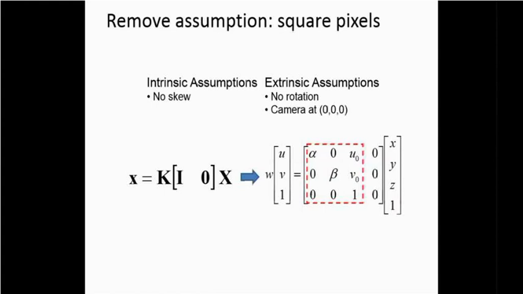Or you might think of this as a focal length and then some scale parameter, or it's just two separate parameters, sometimes also called fx, fy. This would model if your sensor cells were rectangular, not square.